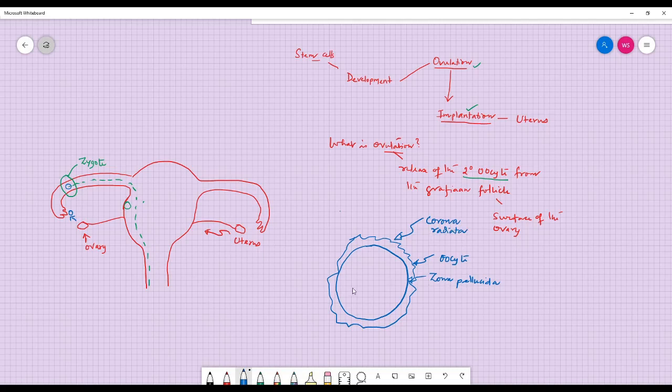And this is the membrane of the egg. And somewhere here is the nucleus, the pronucleus of the egg.